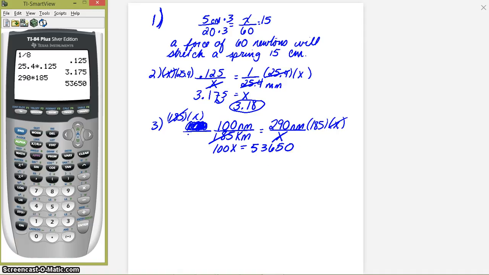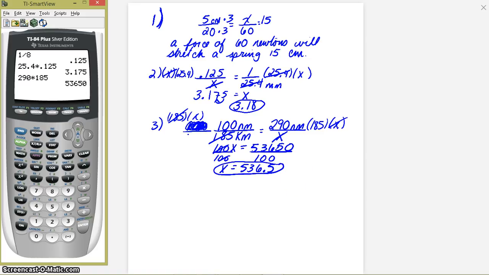Okay, and if you divide by 100, you move the decimal place 2 times over, right? We need to divide both sides by 100 to get x by itself. 536.5. And it looks like they rounded that up to 537. So your answer was C for that one.